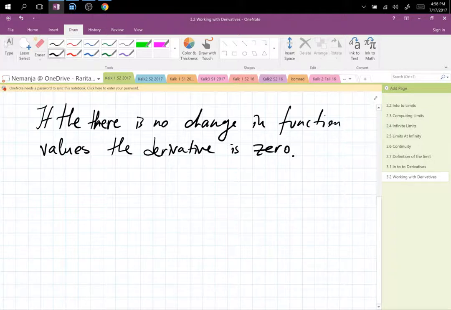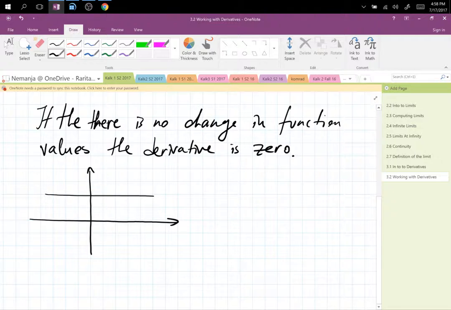So that means graphically that if I have a function f of x equals 2, which is just this horizontal line, the derivative of that function is 0. Which is just the x-axis in that case.